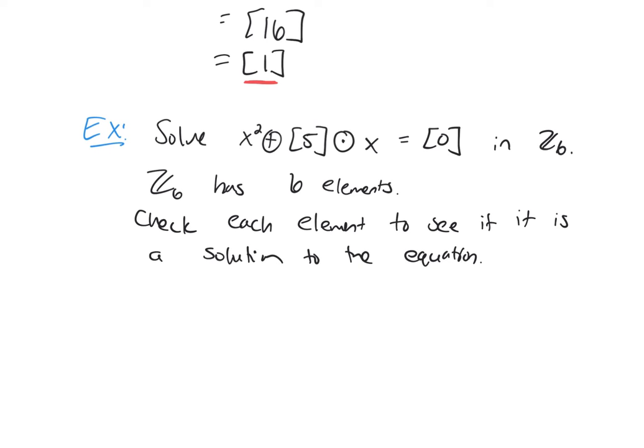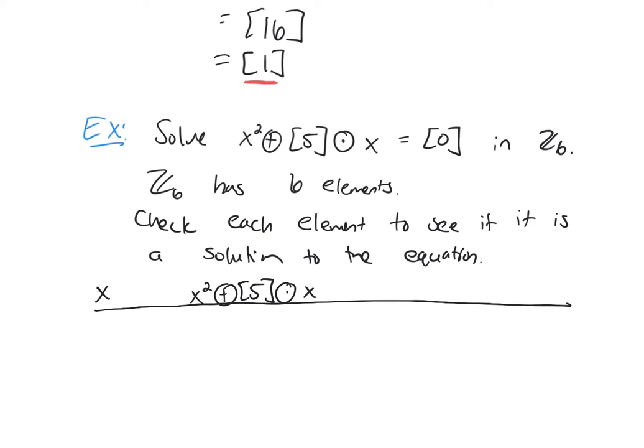So I'm going to organize this information essentially into a table format. Here's x, and then what I need to do is compute x squared plus 5 times x. So let's start with 0. It's x squared, so it's going to be 0 times 0 plus 5 times 0.